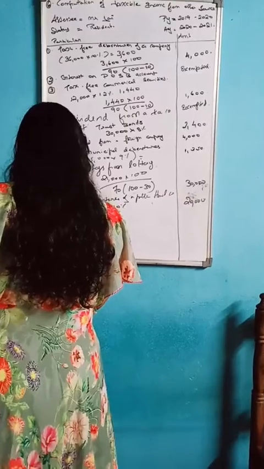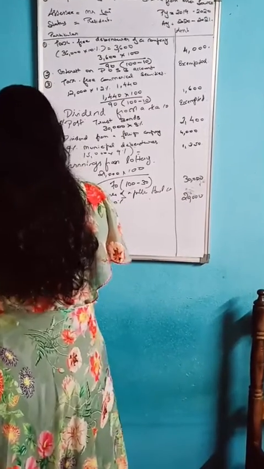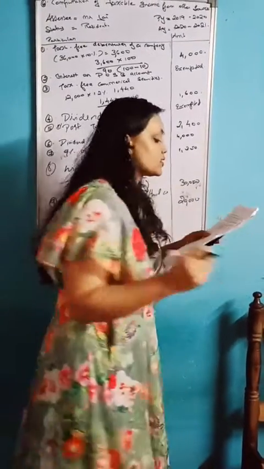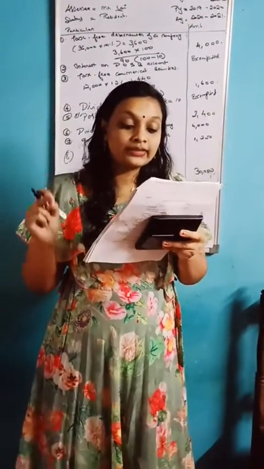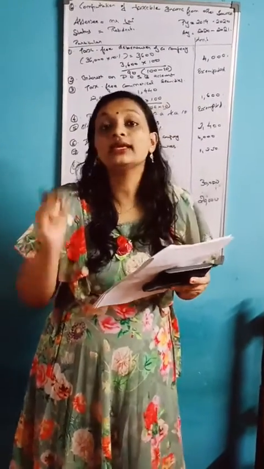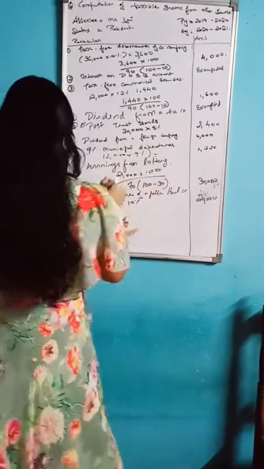And the last point is 12,000, 5% debenture of Delhi Development Authority. It's taxable.